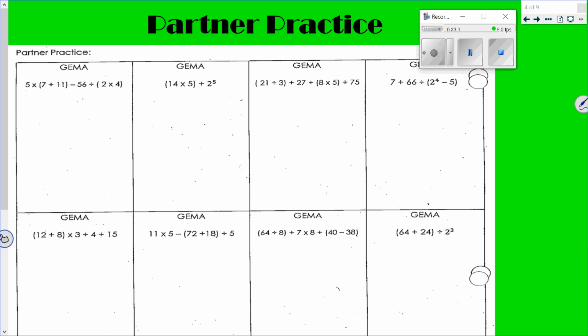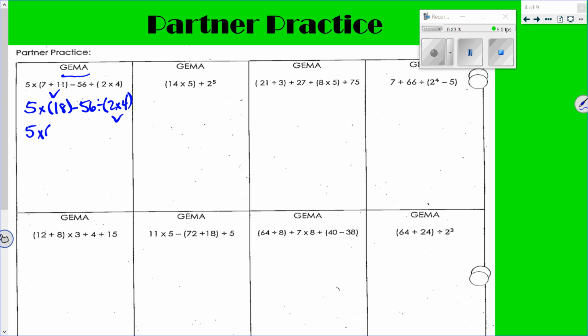Okay, so you have 15 minutes till lunch, so we're just going to go through these rather quickly just so you guys can check your answers. We'll talk through it step by step to make sure you understand why they're working in the process that they are. So again, we have our cheat sheet here with the GEMMA. So we're going to start off with any groupings and we go left to right. So left grouping is this one. It gives me 5 times 18 minus 56 divided by 2 times 4. Now I have this grouping on the right.